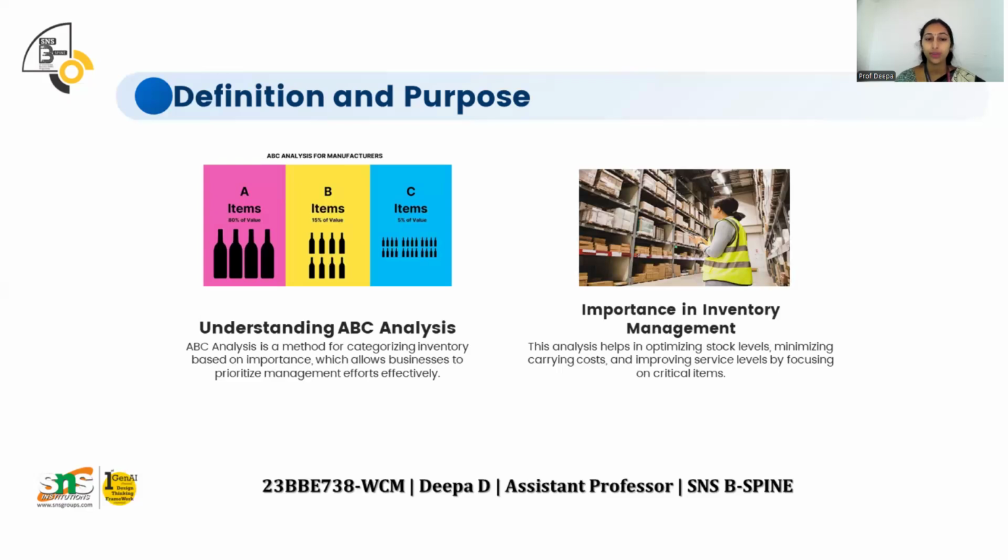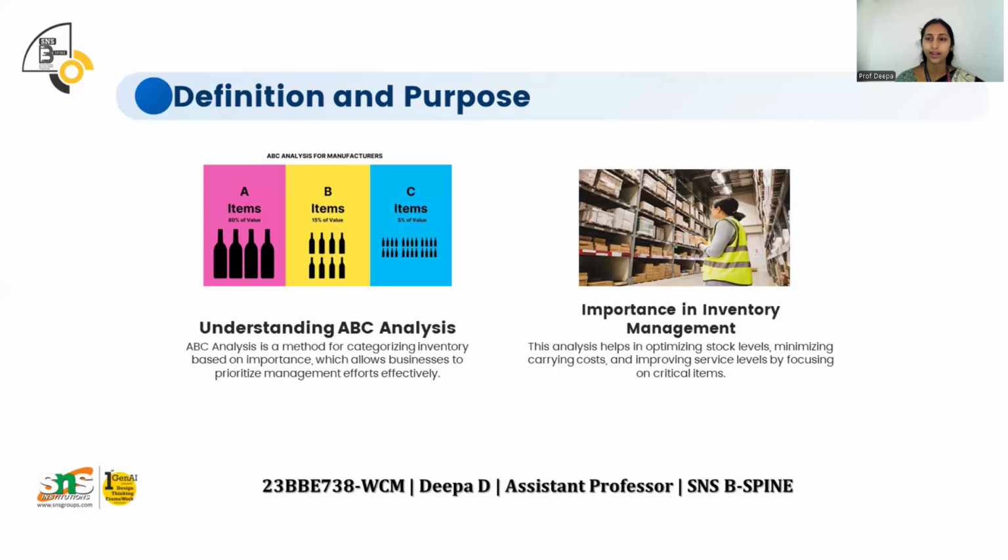We need to understand which stocks we need to give importance to: highly valued goods, moderately valued, and least valued. So we are just categorizing the goods inside the warehouse. That prioritization is what we do in this analysis, and the importance is that it helps to optimize stock level.